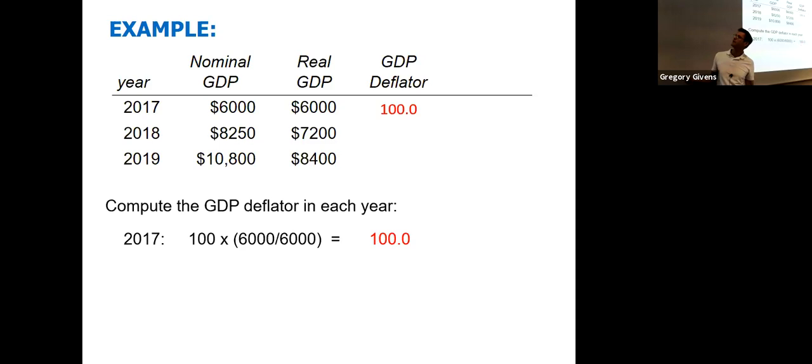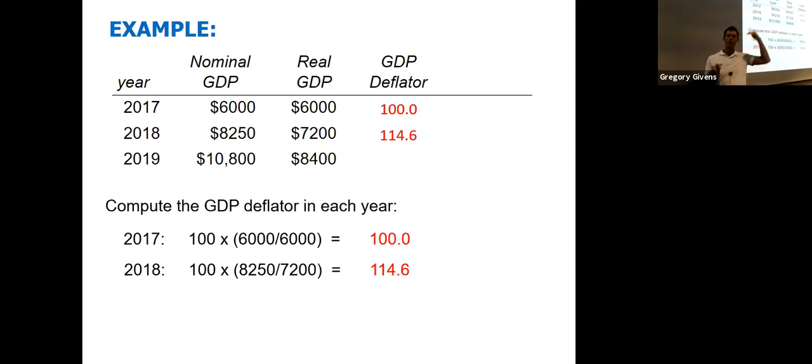What's the GDP deflator for 2018? It would be nominal GDP of 8250 divided by 7200 in real GDP times 100, which is 114.6. So what does that number tell us? It's greater than 100, and so prices have gone up in 2018 relative to the base year, which is 2017.